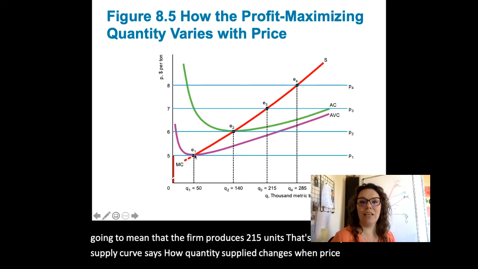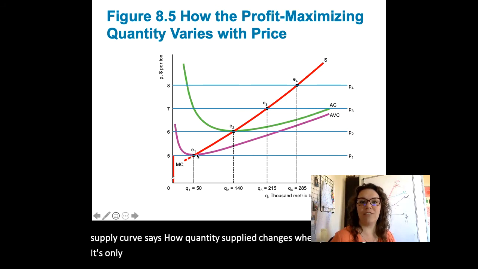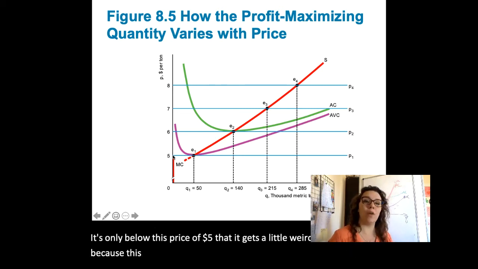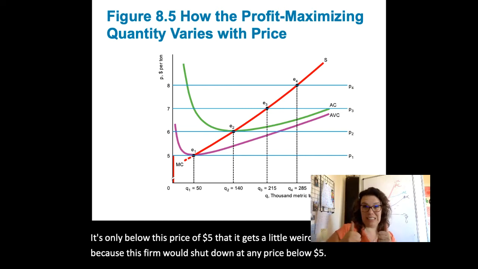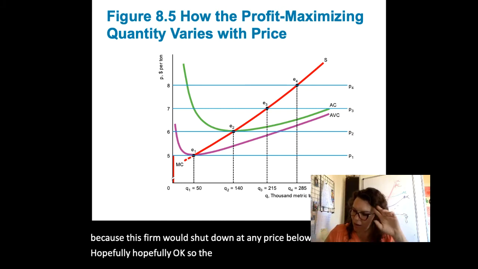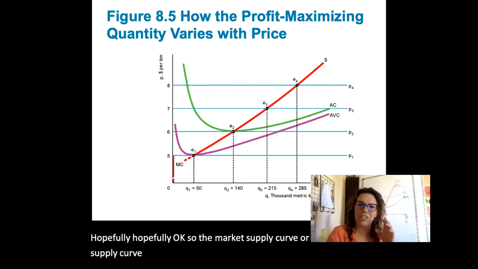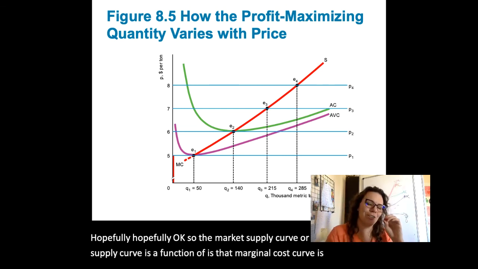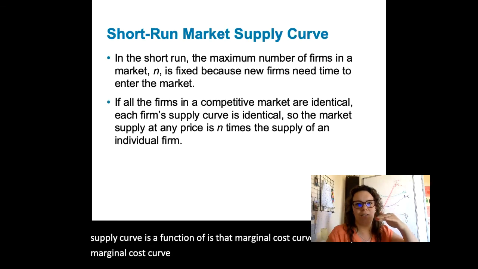It's only below this price of $5 that it gets a little weird, and that's because this firm would shut down at any price below $5. Make sense? Okay, so the firm supply curve is exactly that marginal cost curve above the average variable cost curve.